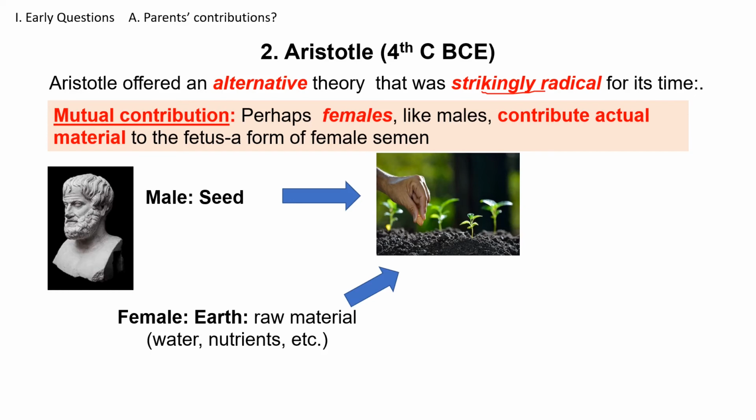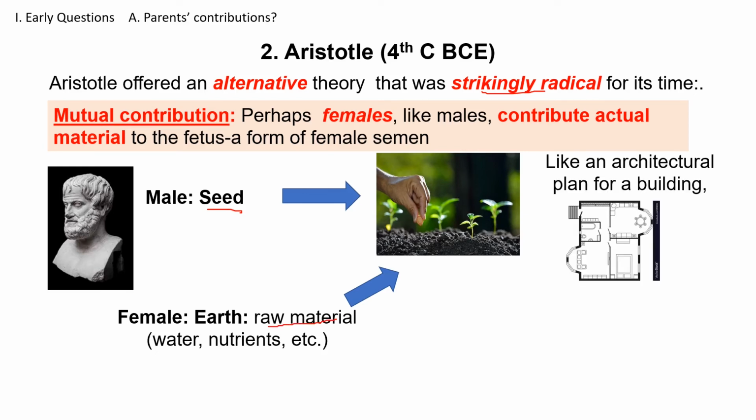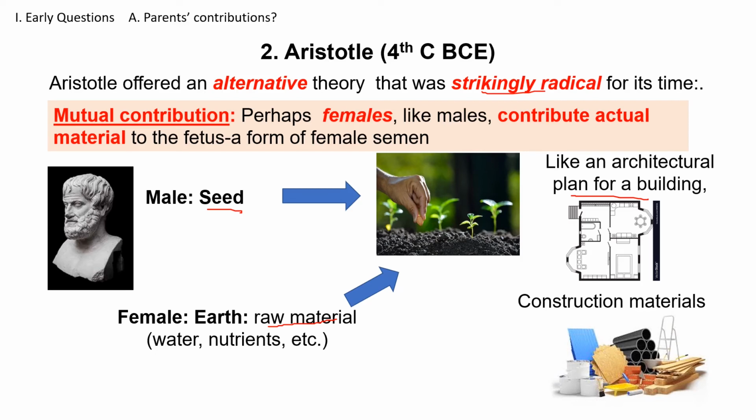The male produces the seed, while the female produces the raw materials. The male has the architectural plan of the building, while the female was in charge of the construction material. So again, it was completely different from the previous ideas, because for him there was a mutual contribution.